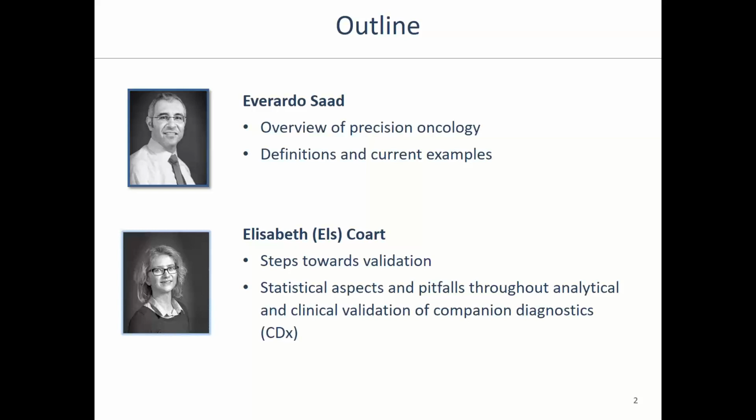And then just some definitions and current examples of biomarkers. And then Else will come and tell us the main steps towards validation of IVDs, and then tell us statistical aspects and pitfalls that need to be taken into account when validating companion diagnostics.